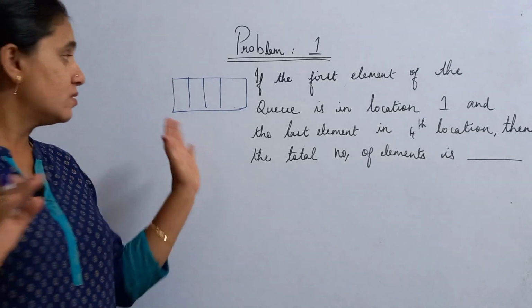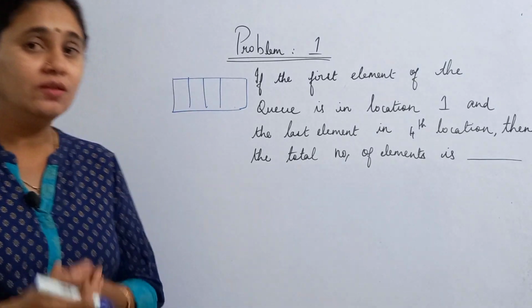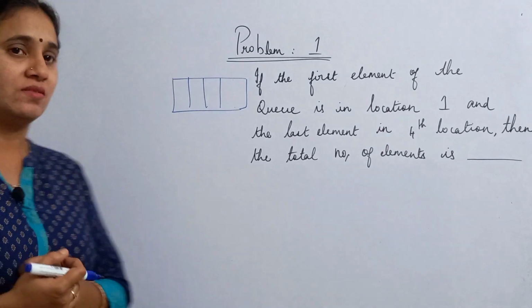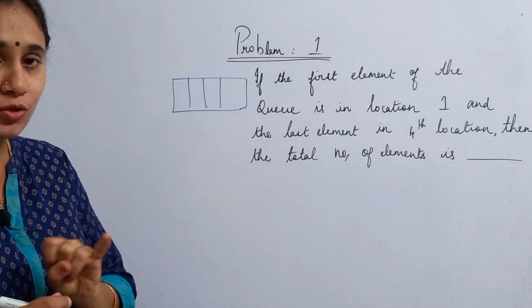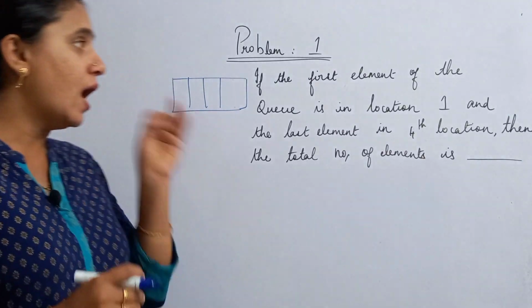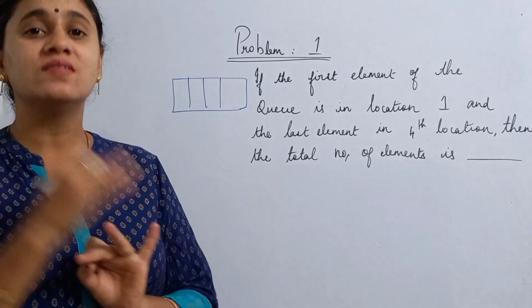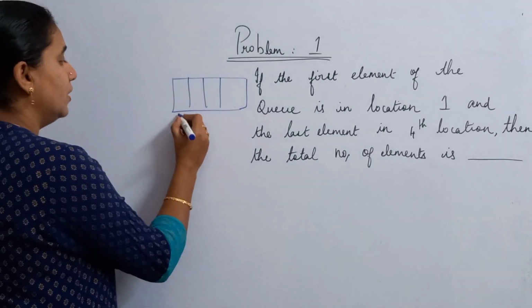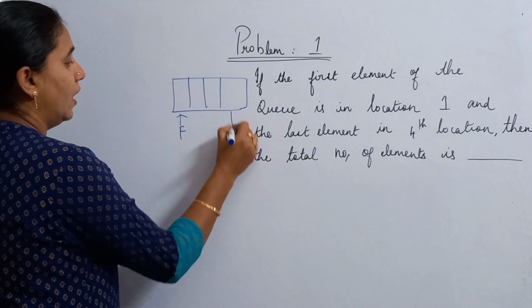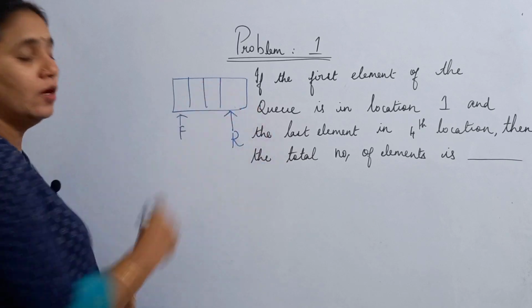This is the representation of a queue data structure. We have two pointers. What is the use of those pointers? The front pointer is going to delete elements from the queue, and the rear pointer is going to insert elements at the last position of the queue. Right. So let this be the front and this be the rear pointer.